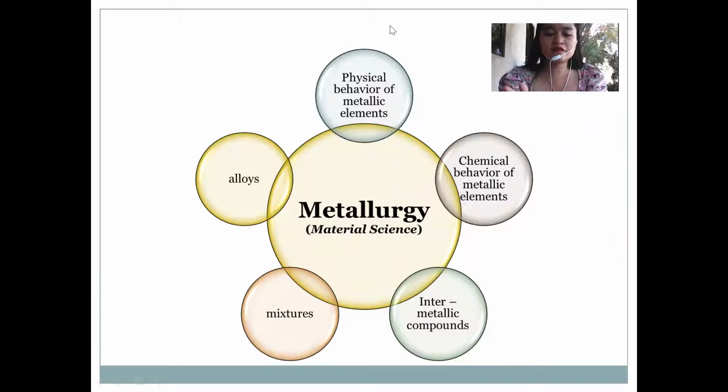On the other hand, physical metallurgy is concerned with the physical and mechanical properties of metals as affected by composition, processing, and environmental conditions. Lastly, mechanical metallurgy is concerned with the response of metals to applied forces.